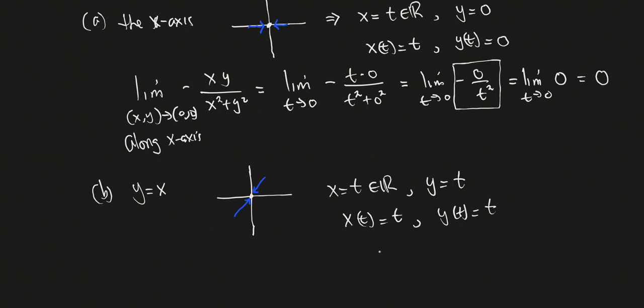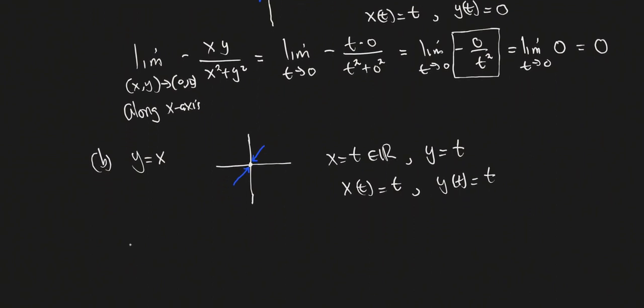So now let's again start with our original limit, but now we're going to specify what's going to happen when we approach the origin along this line. So we have the limit as x, y approaches the origin now along this specific path, y equals x, and our function is the same.